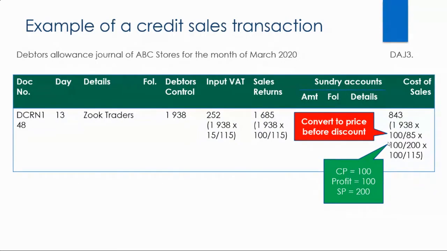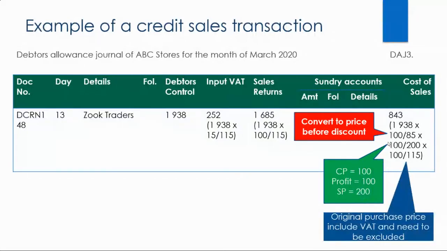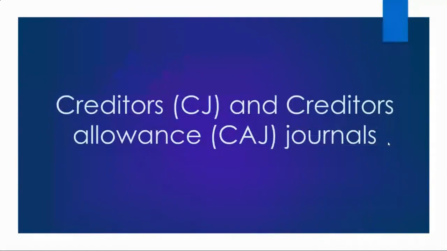Okay, so just hang in there, you will get to it. You just need to practice a bit more. Okay, so this is also just to remind you that the original amount was inclusive of VAT and we need to exclude it. Okay, so now let's move on to creditors, and creditors a lounge journal.